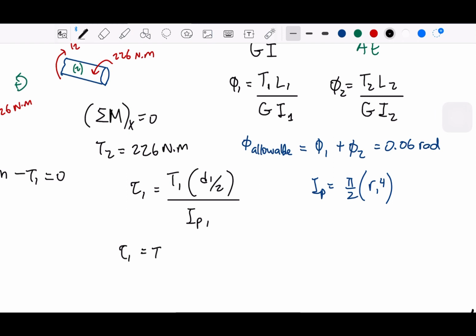So this will be D1. D1 over 2. This is pi over 2. So this will be T1.